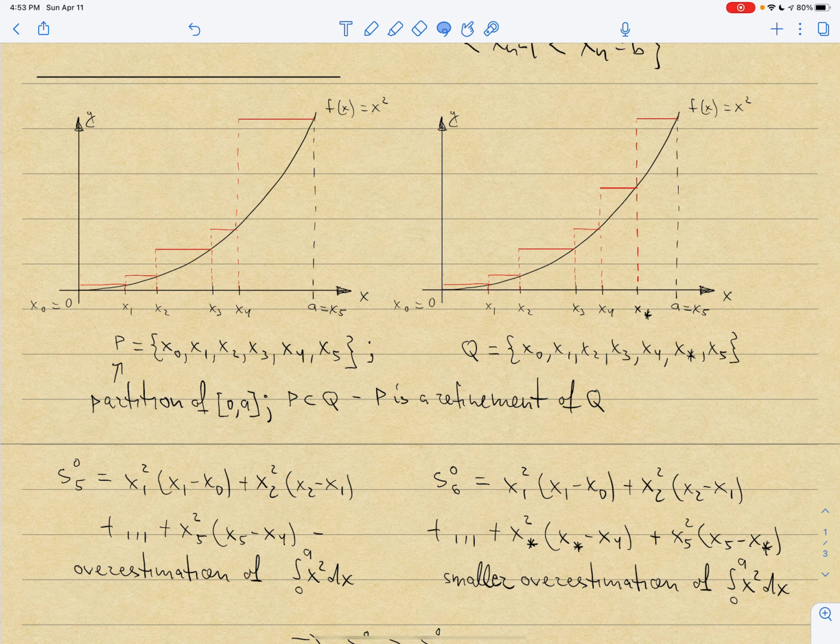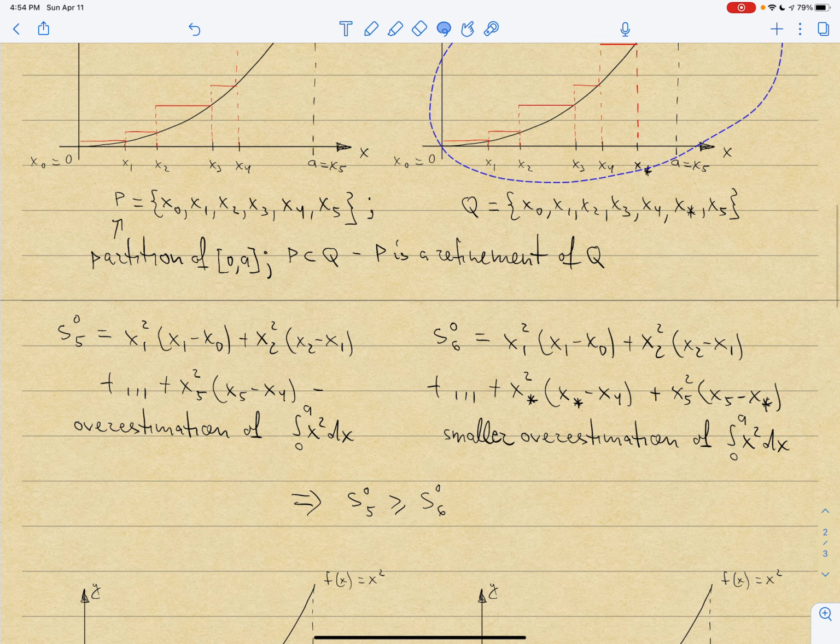On the right picture, I see exactly the same overestimations, except on the last interval here. Now I'm splitting this interval into two, and because my function is increasing, on half of this interval I'm replacing a larger value with a smaller value. So on the right, I still have an overestimation of my area under the graph, but that overestimation is smaller than the overestimation using the partition on the left.